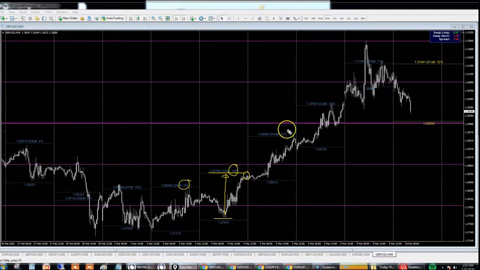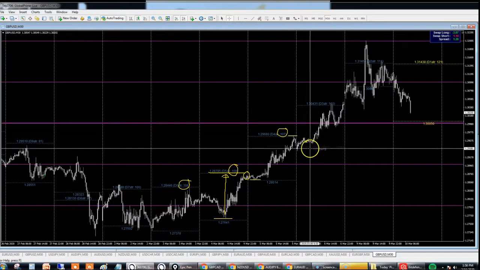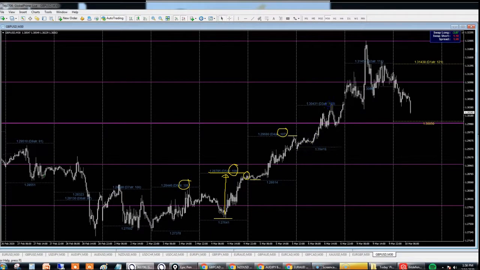The next day, we had an expectation of 107 pips based on the volatility measurements, and from the bottom to the top it met the volatility target, and then it pulled back a little bit. The next day, again, we had expectations for 110 pips, and notice that the market did go for 110 pips, and then it retraces.